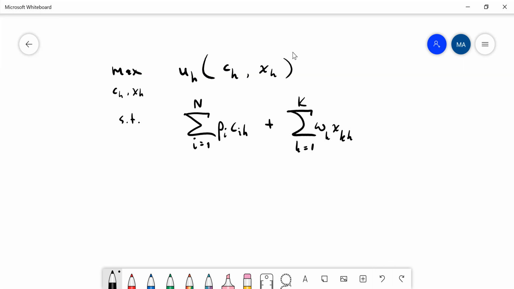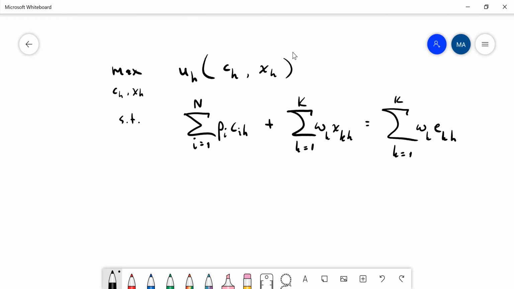So this is k, this is h. Now this must be equal to what? This must be equal to the total income from endowments. All right, so this is w_k e_kh, right? Now what is happening here?